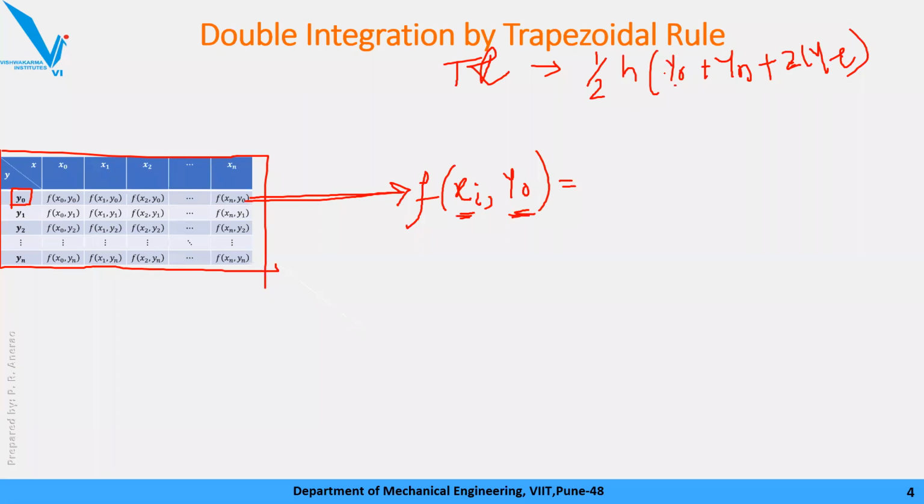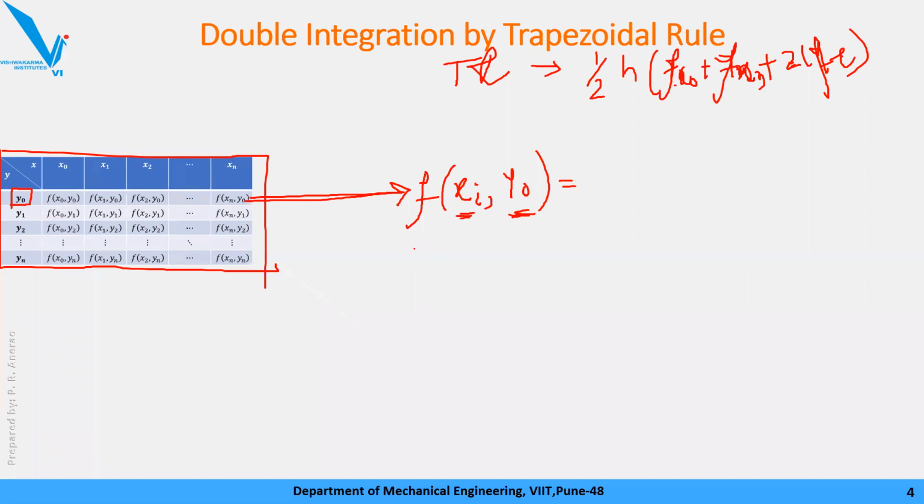This y0 is nothing but f of x0. This yn is nothing but f of xn. The remaining y's are nothing but the function of the remaining x. So the same method we are going to implement here.